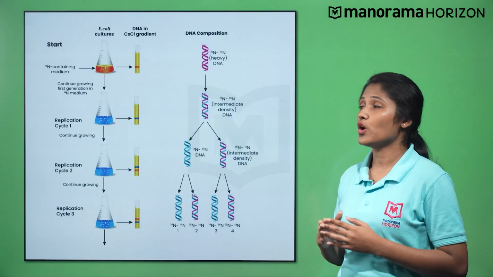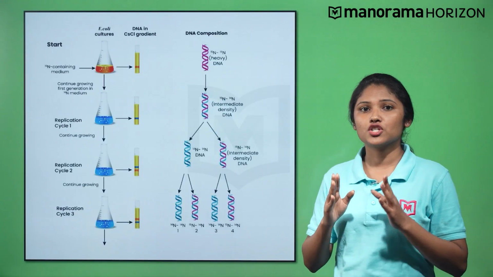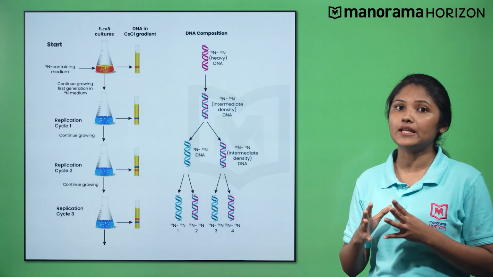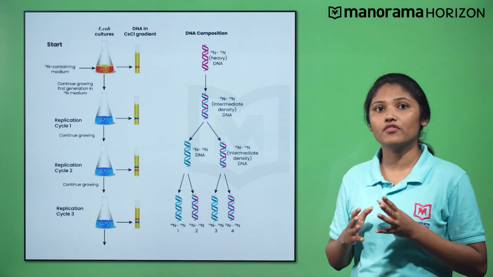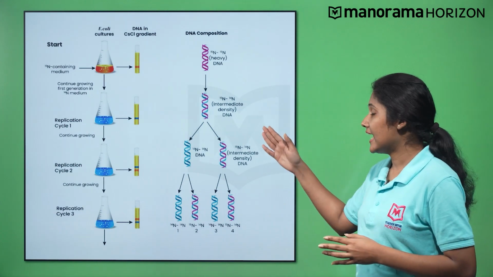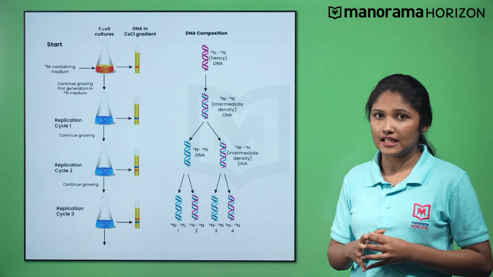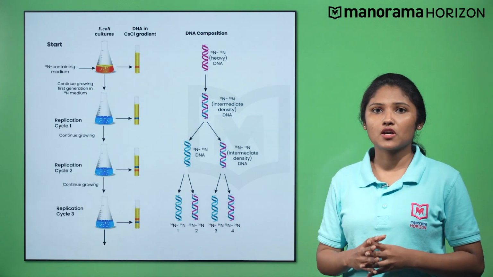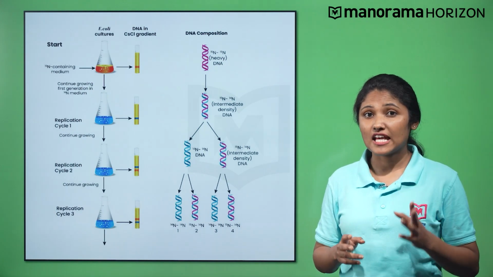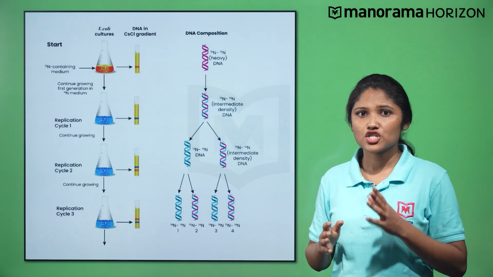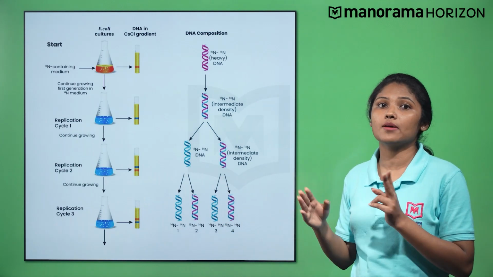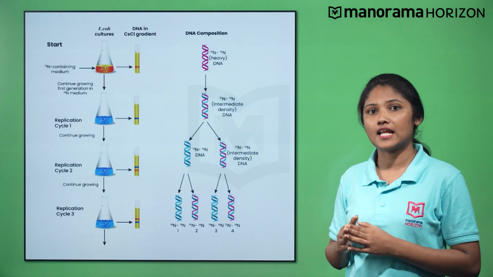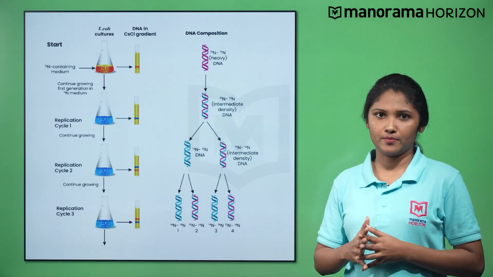Here, after one generation, two DNA molecules of intermediate density were formed. After 2 generations, the mixture of DNA with light and intermediate density DNA was observed. This is because the two parental heavy density DNA strands shown in dark color were present in 2 DNA molecules which are labeled as 2 and 4 here.